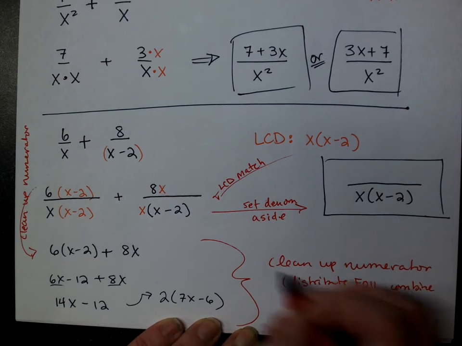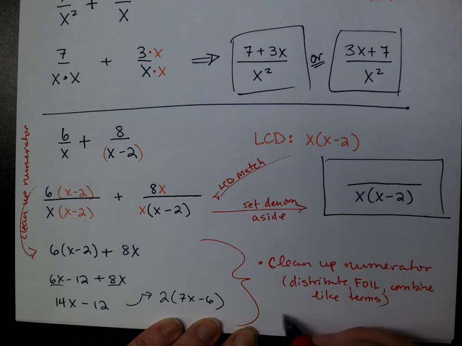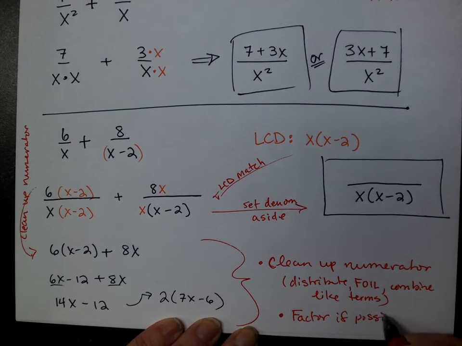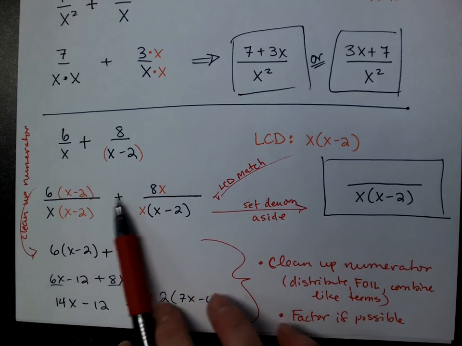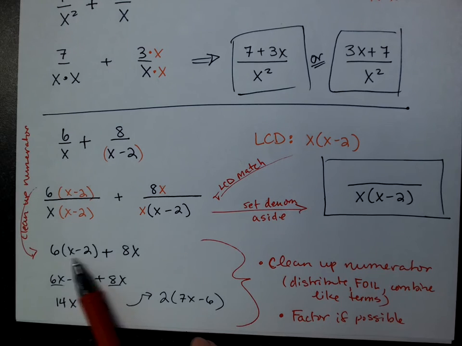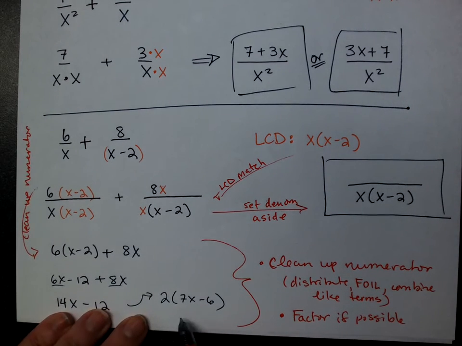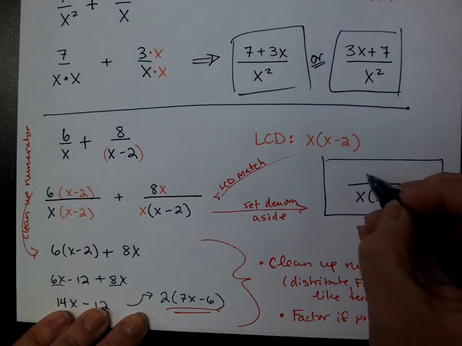So you clean up your numerator by distributing, FOILing, and combining like terms, and then make sure you factor if possible. You didn't bother to factor earlier on because you didn't have the right numbers. Once they're combined, clean it up, factor if possible, and once you have that, now you put it with your final.